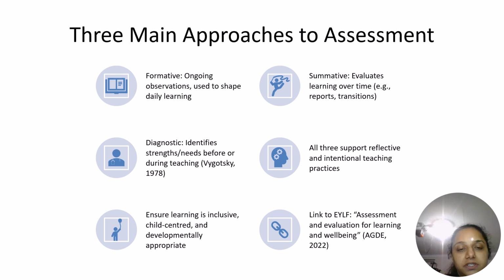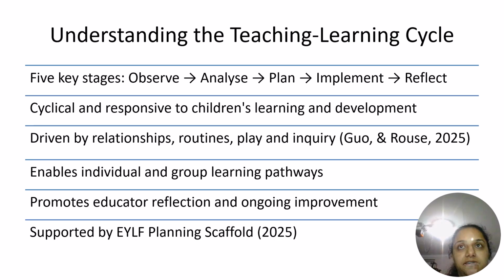Moving towards my next slide about the teaching learning cycle, let's understand the teaching learning cycle. The teaching learning cycle involves observing, analyzing, planning, implementing, and reflecting. It is a dynamic, ongoing process that supports educators in making informed curriculum decisions. Observations help identify children's interests and developmental stages, while analysis leads to targeted planning.